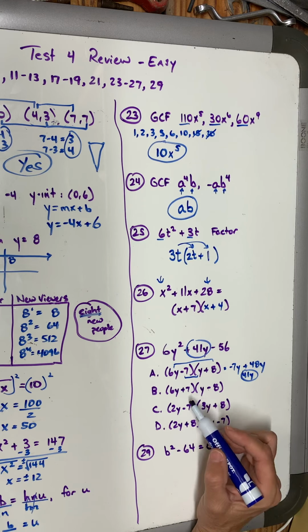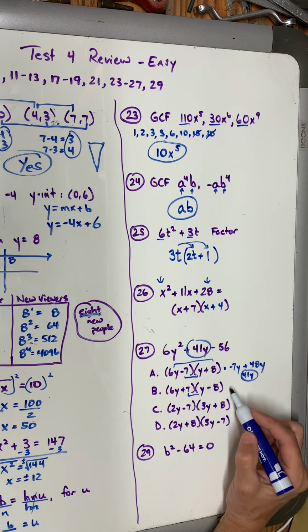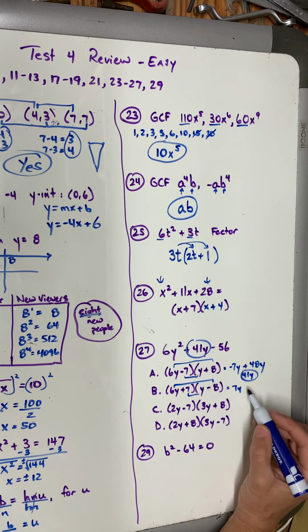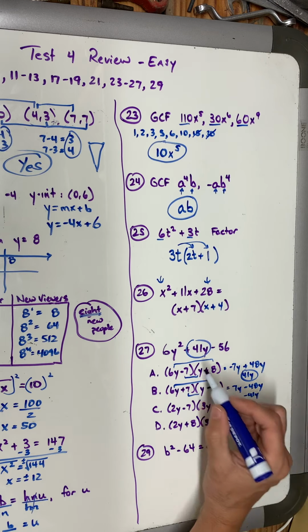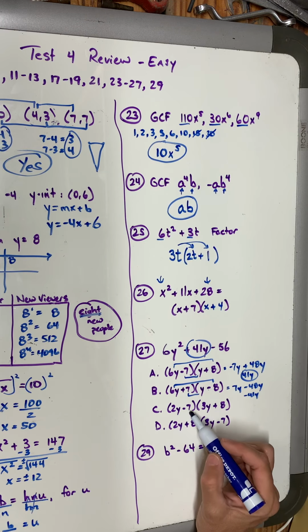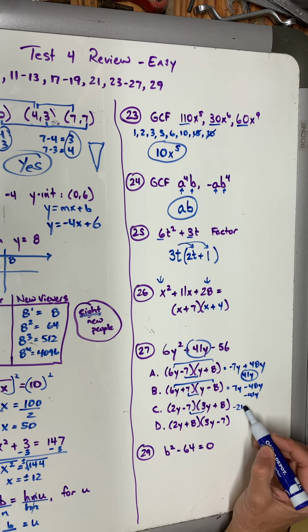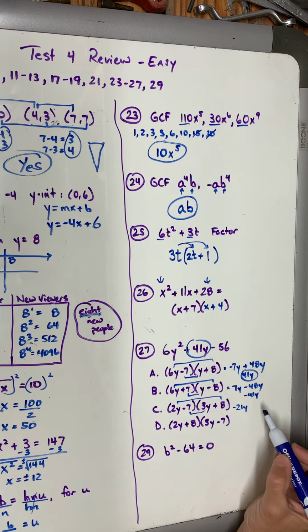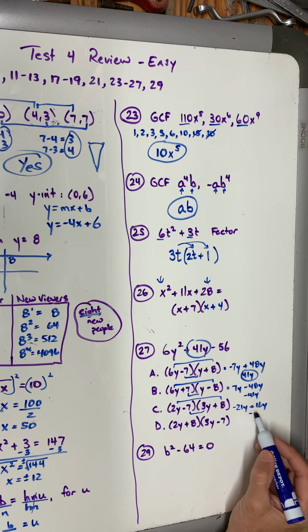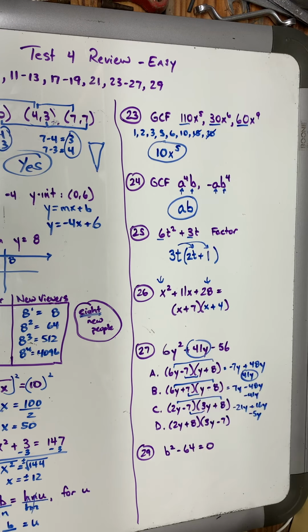So let's just double check. So the inner is 7y. The outer is negative 48y. So this gives me a negative 41y, which is not what they had originally. This one, the inner, is negative 21y. The outer is positive 16y. If I combine those, I get negative 5y, which is not 41y.